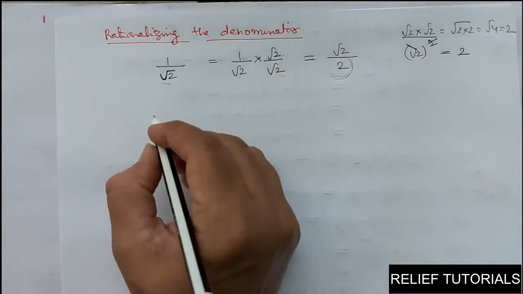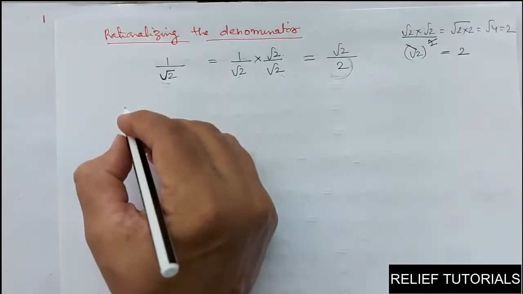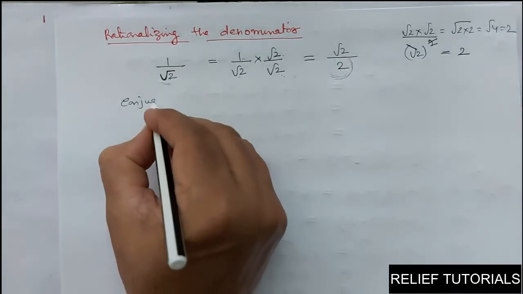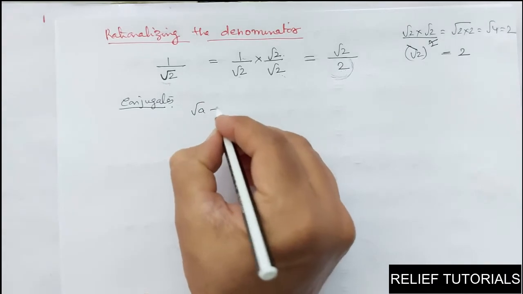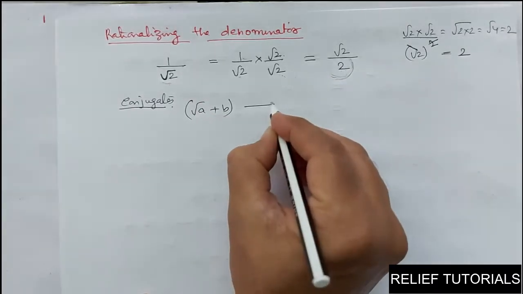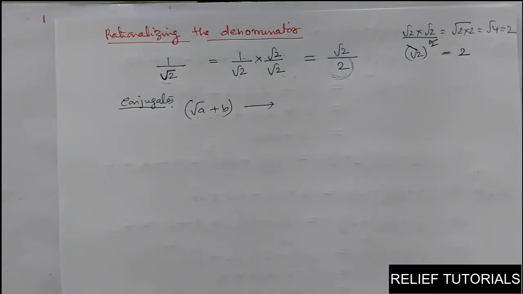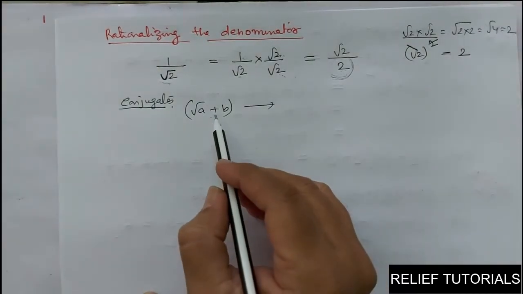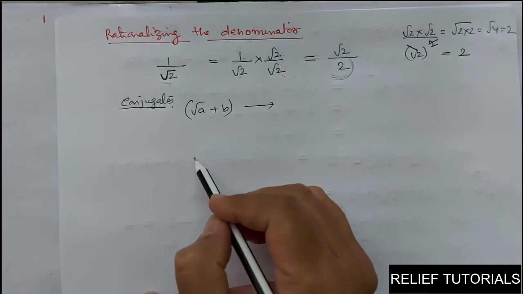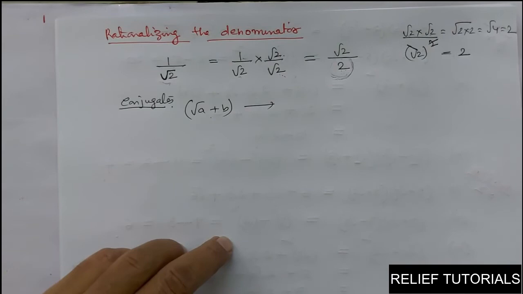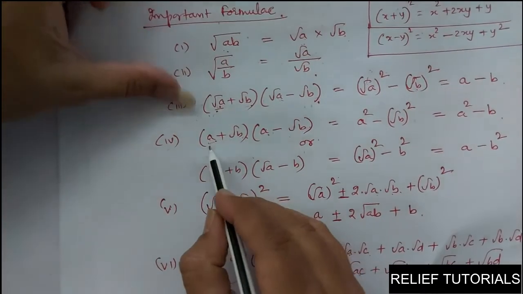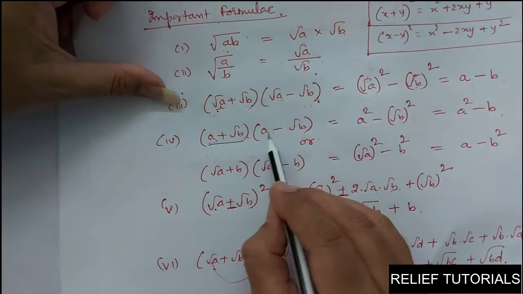And you know that, suppose, see, conjugates. You have to learn about these conjugates. What are conjugates? See, I will explain while doing problems why you multiply the denominator with its conjugate. If you multiply the denominator with its conjugate, whatever may be the root, that root will be gone. See, a plus root b, its conjugate is a minus root b.